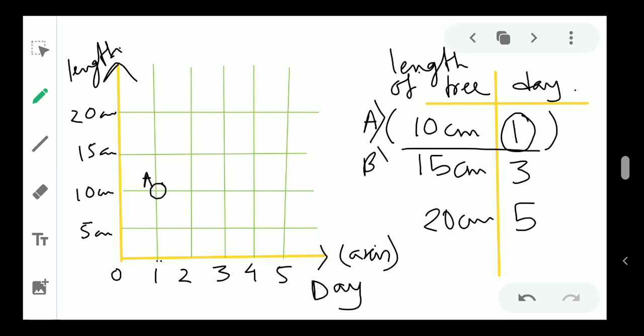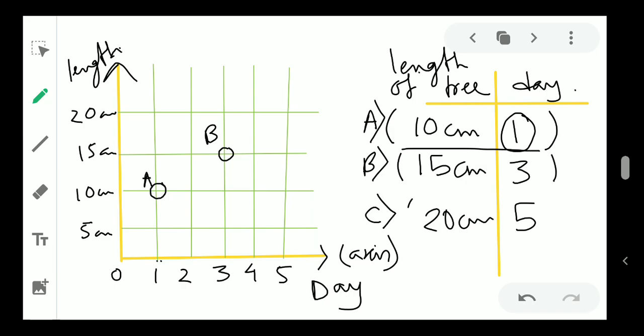Let's say this is data number B, and we have to go to day 3 and 15. So this is day 3 and this is 15. So this is the point of intersection. I will mark this one like this, and this is point B. That means it is representing that on the third day the height was 15 centimeter.